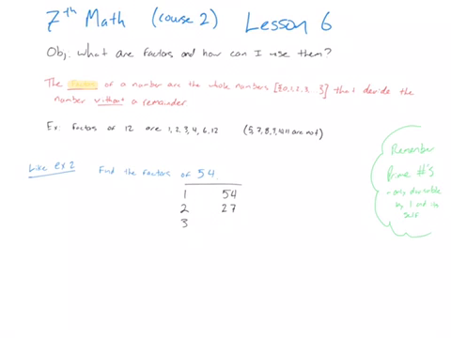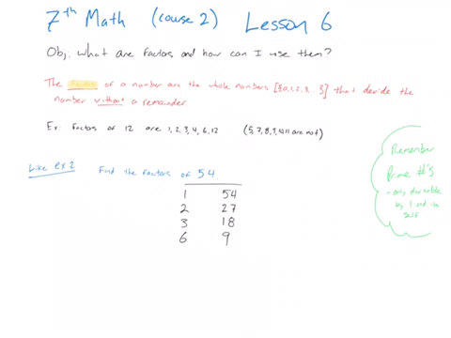Well, 3 times 18 gives me 54. 4 times something give me 54? Well, no, it does not. 5 times something? No, it does not. 6 times something, yes. 6 times 9 gives me 54.